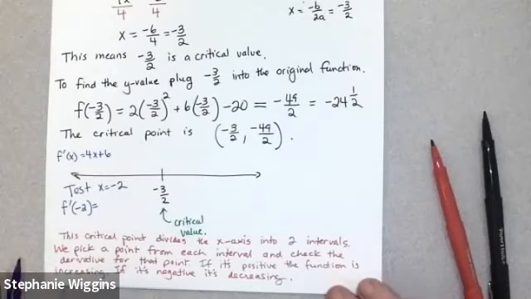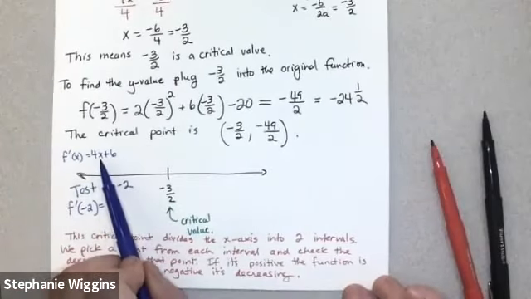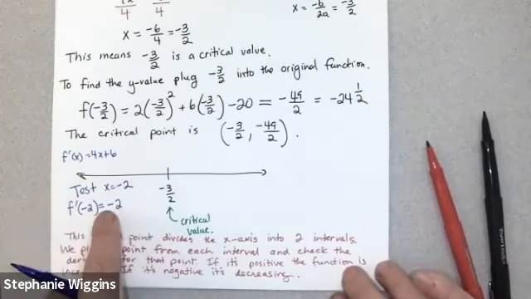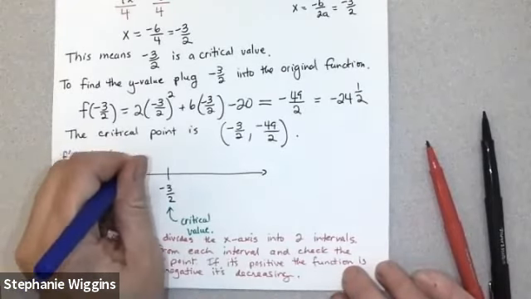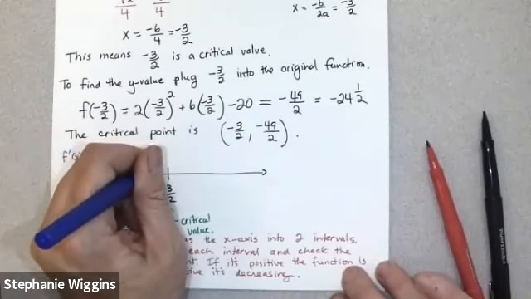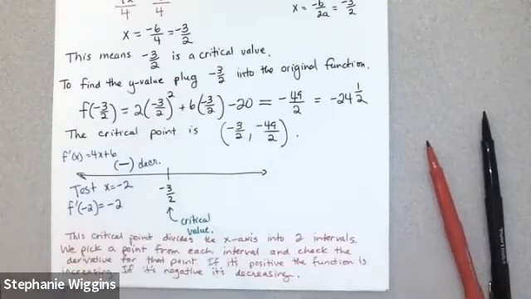Okay, so I plug in a -2. 4 times -2 is -8, plus 6 is -2. It's negative, so I'm going to put a negative sign there to show me it's decreasing, on this side.